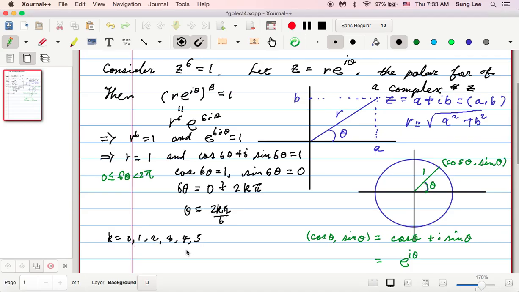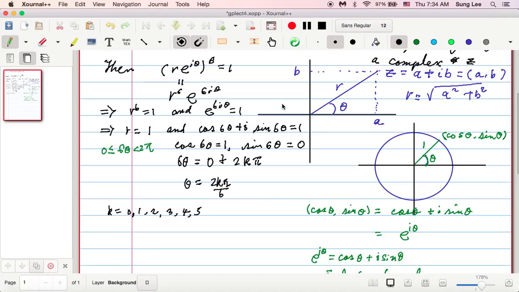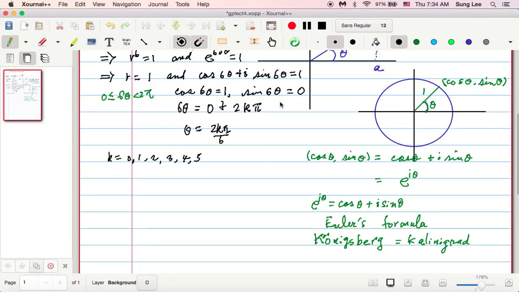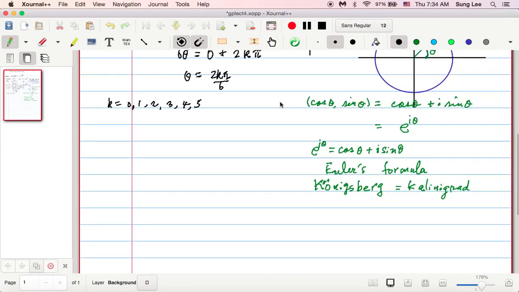They give six distinct solutions of this equation, right? So we found all the solutions now, and we are going to write that as E6, E sub 6.